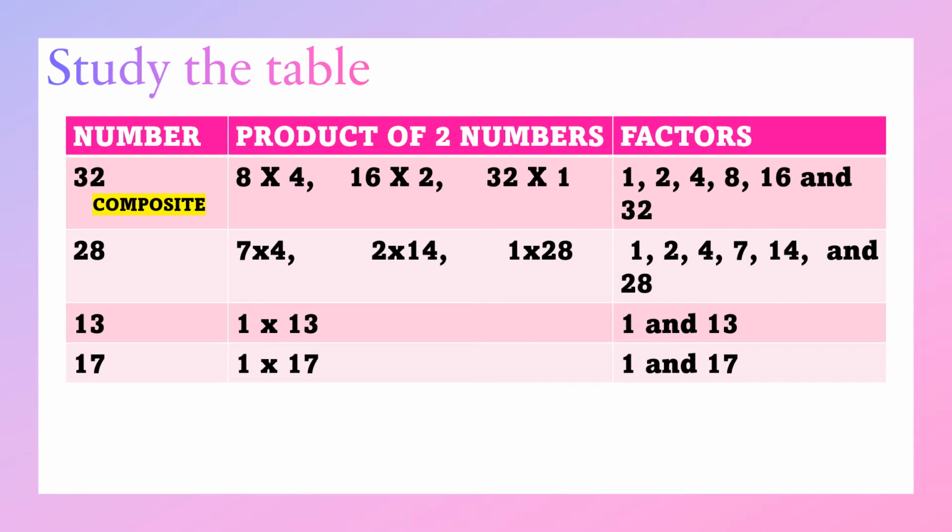How about 28? We have more than 2 factors here, so it is also a composite number. How about 13? We have 1 and 13 as factors. If we have 1 and itself, it is a prime number. 17 is also a prime number because it only has 1 and itself.